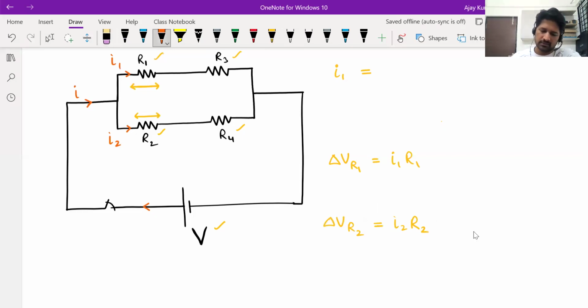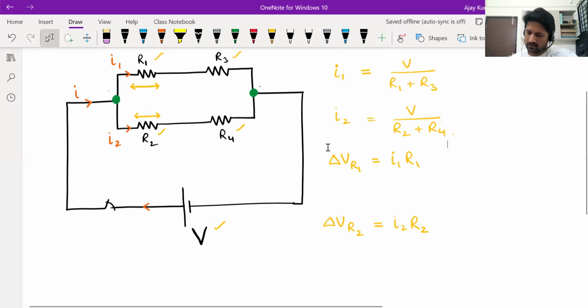See, the battery is connected between this point and this point, right? So to find the current flowing in the upper branch, we know the total potential difference across the upper branch is V. For R1, R3 combined, the total potential difference is V, and R1, R3 are in series. Effective resistance is R1 plus R3. So the current I1 becomes V divided by R1 plus R3. And similarly, I2 is equal to the same voltage V divided by R2 plus R4.